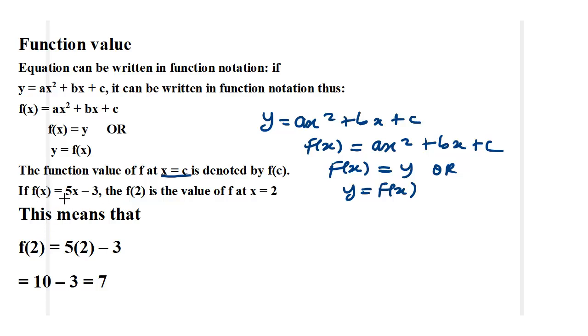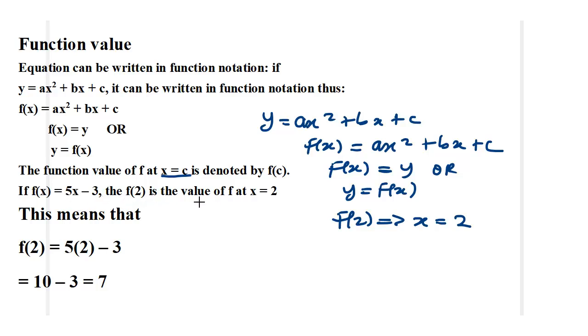If f of x is given as 5x minus 3, and the question asks to find f of 2, then f of 2 is the value of f at x equals 2, which implies that x is equal to 2. So look at this illustration. We have f of x equals 5x minus 3.